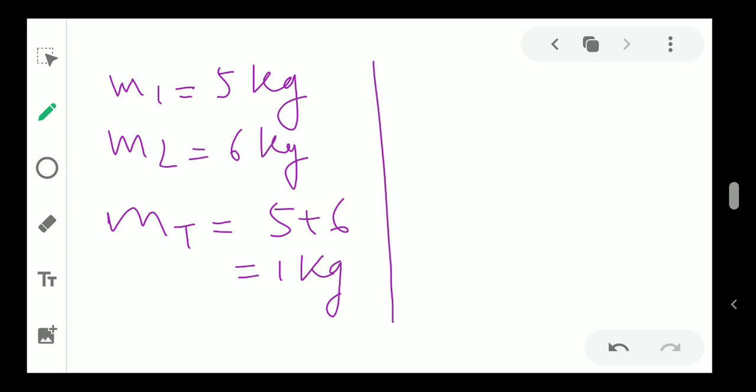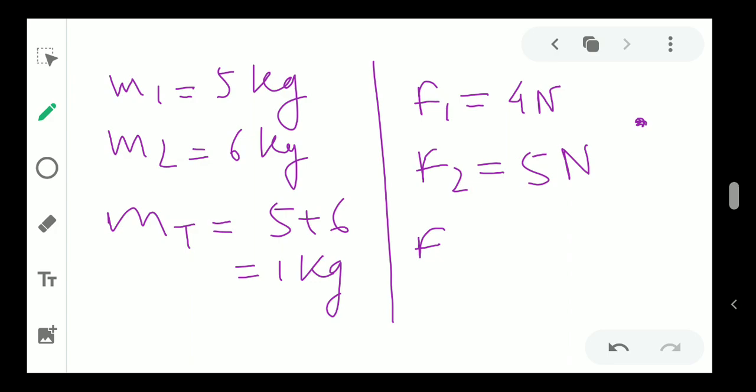But in case of vector, let's say I am giving some force of 4 Newton to something, and I am also giving force of 5 Newton over that thing only. Like one single thing is there and I am giving force. But I cannot say that my total force is equal to F1 plus F2. I cannot say. It may be, but it depends on the situation. Why so?